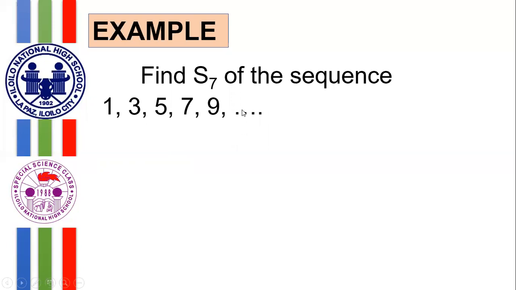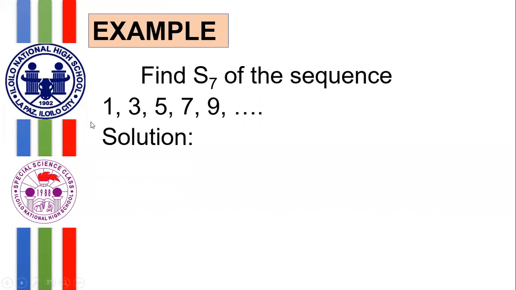And since we are looking for S sub 7, then we will get the sum of the first 7 terms of this sequence. But you might ask, sir, there are only 5 terms here. Even though there are 5 terms, all you have to do is continue the pattern until you get the 6th and the 7th term, and add all of them.